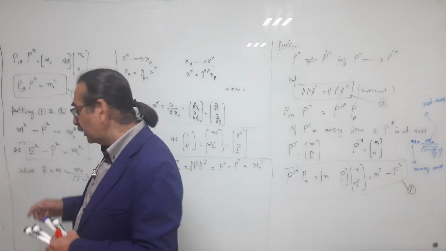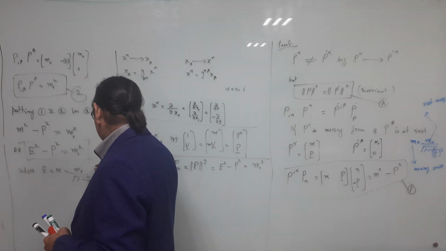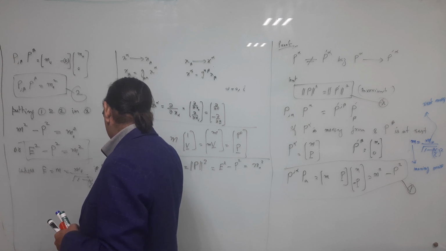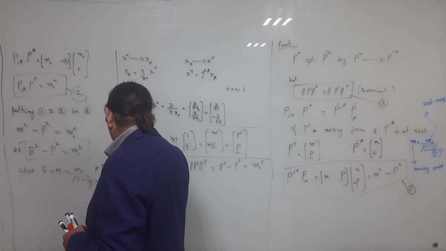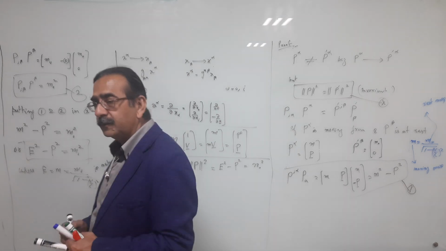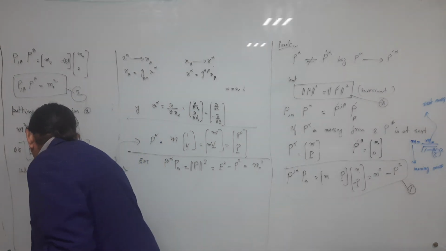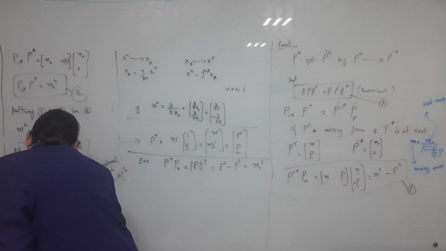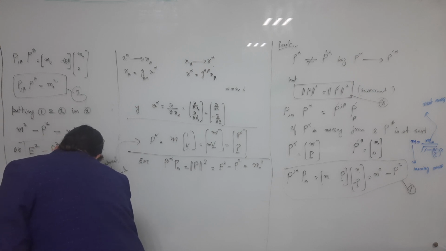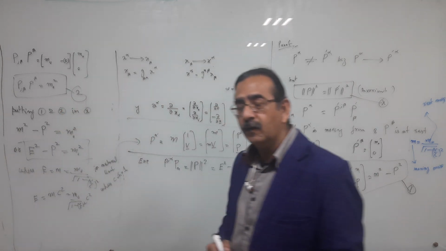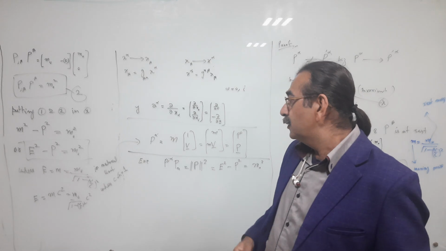In natural unit, where C is equal to h cut equal to 1, I have taken this. Actually this is E equal to M C square, or M naught 1. Okay, got it? I think.